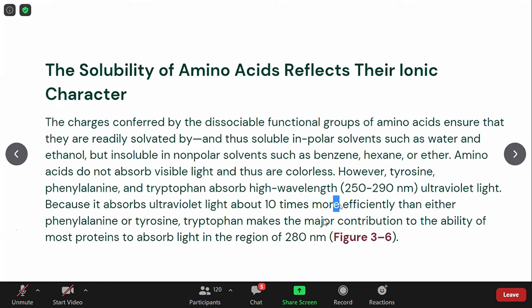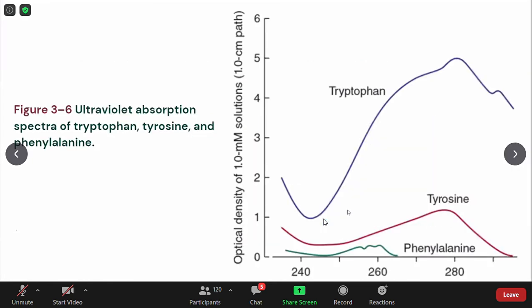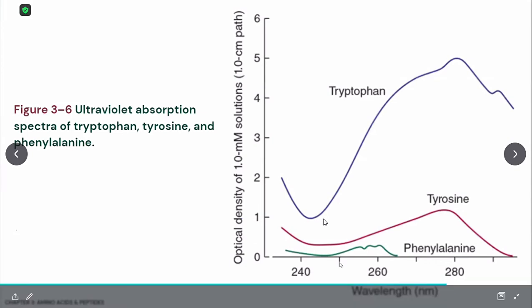So we have it here. It says 250 to 280. Phenylalanine is already starting to rise at a peak of 260.